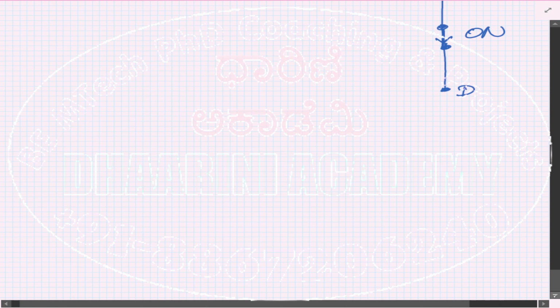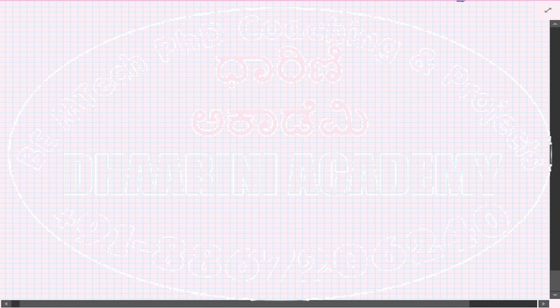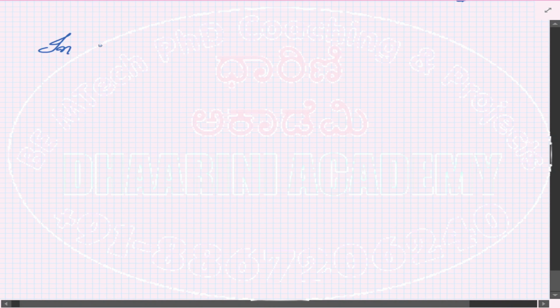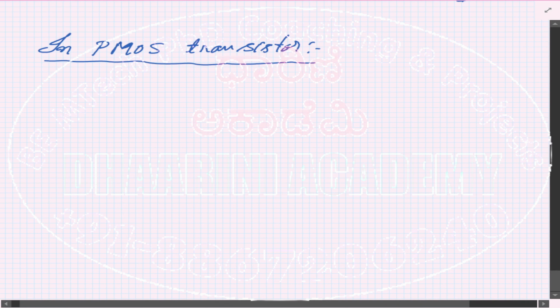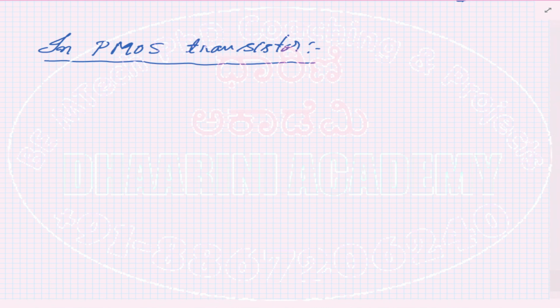All right. Now we move on to the PMOS. In the case of an NMOS, when there is no gate voltage, the device is off, the switch is off.